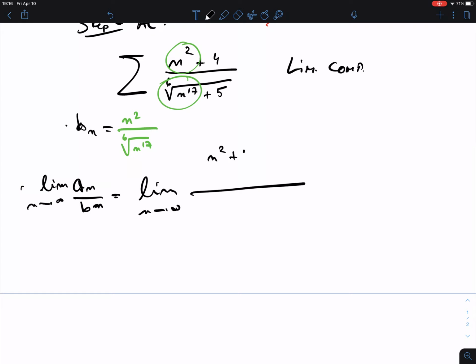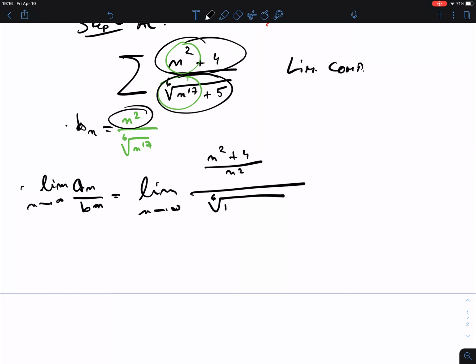N squared plus 4 divided by n squared, top of An divided by top of Bn. And now bottom of An divided by the bottom of Bn. The top is very easy to do, and the bottom is actually also easy if you bring it inside the radical.